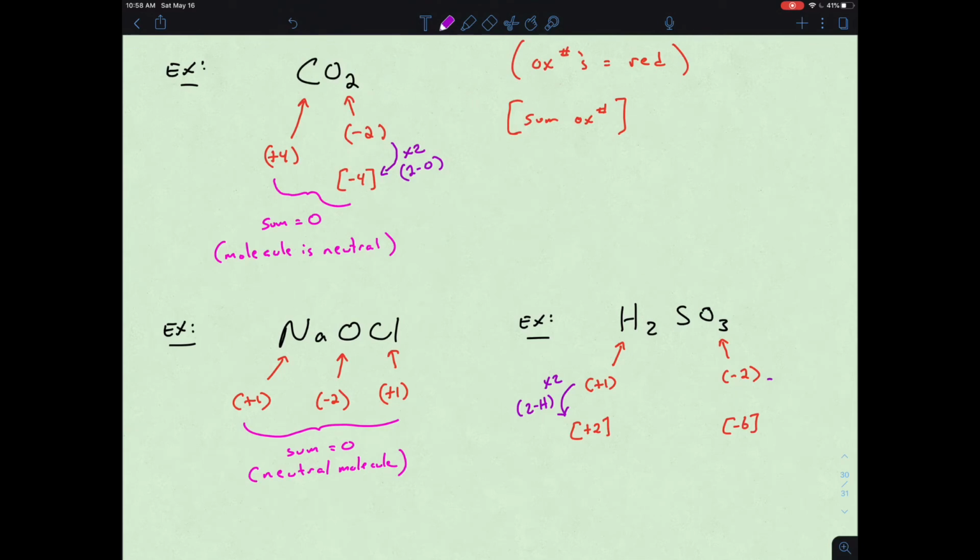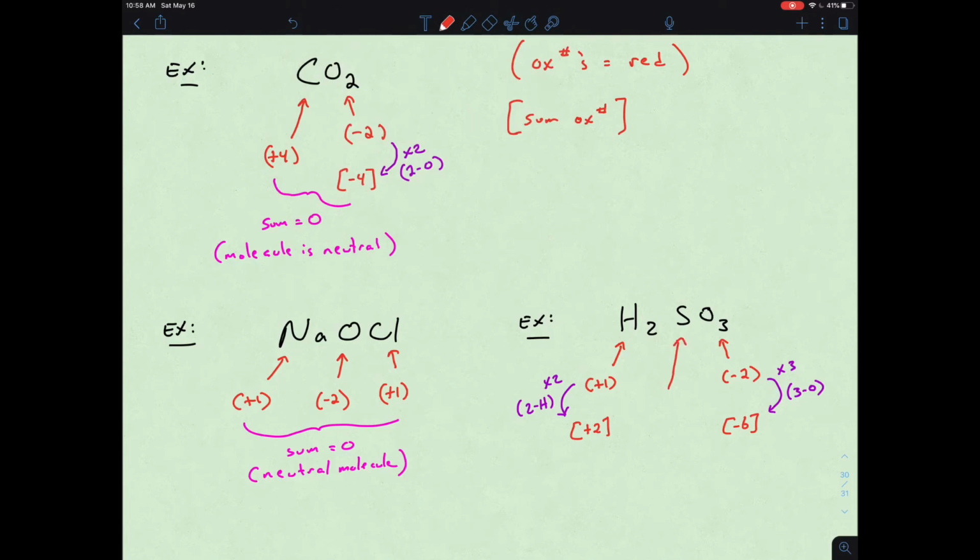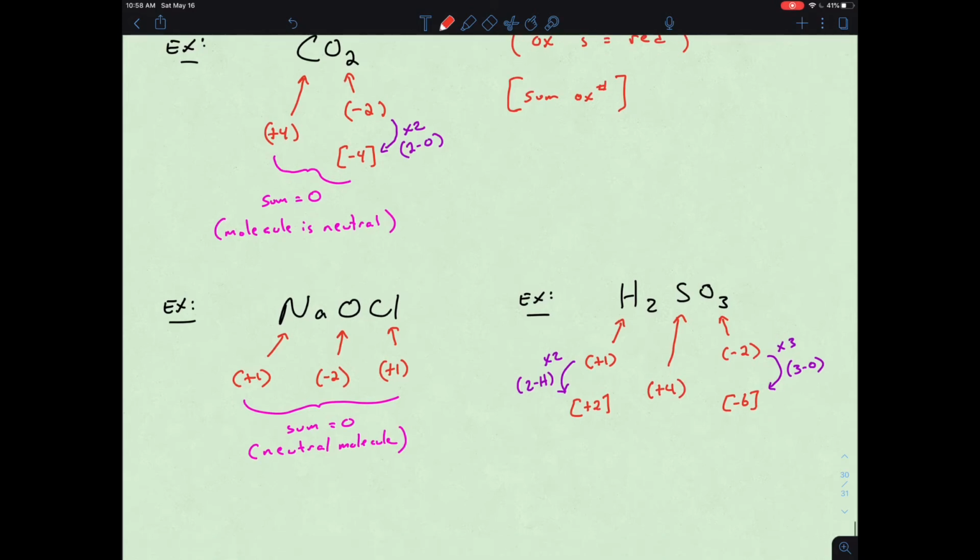With the fact that there are 3 of those oxygens, I need to multiply that oxidation number by 3 to get now a total of -6. And notice that this molecule is neutral, so that means the sulfur must be in the +4 state as far as its oxidation number. Again, this is a neutral molecule. It's no charge, so the sum is equal to 0.